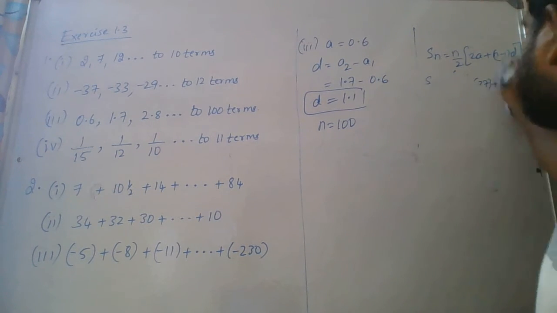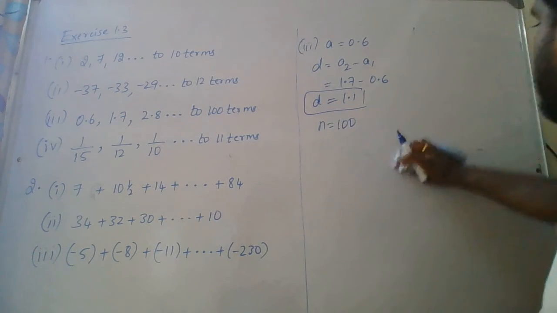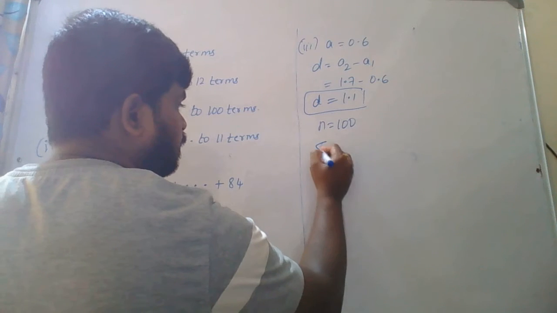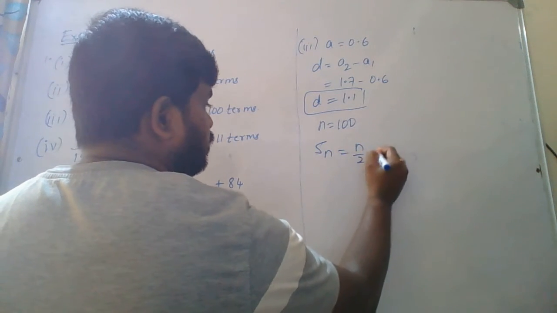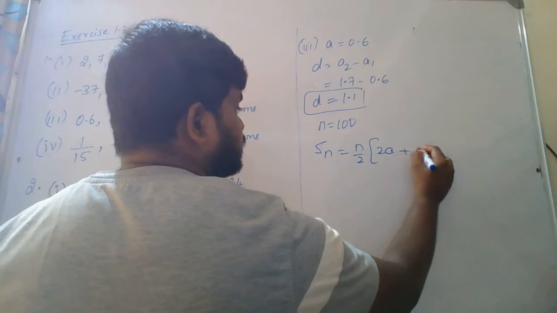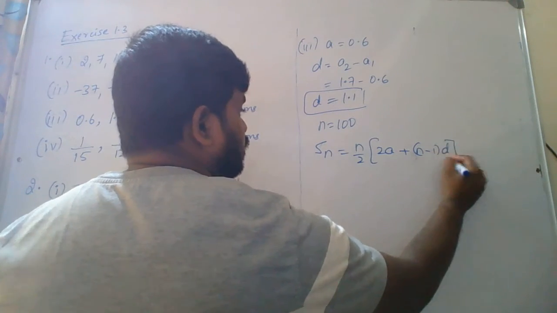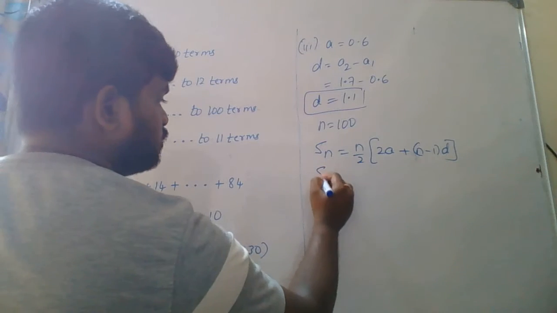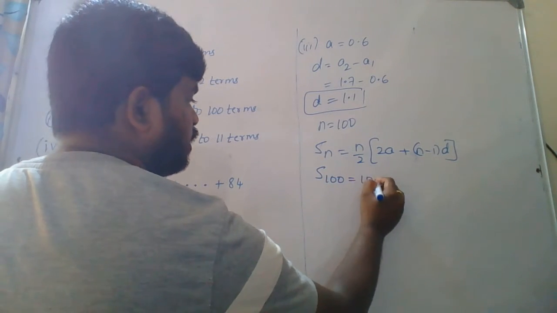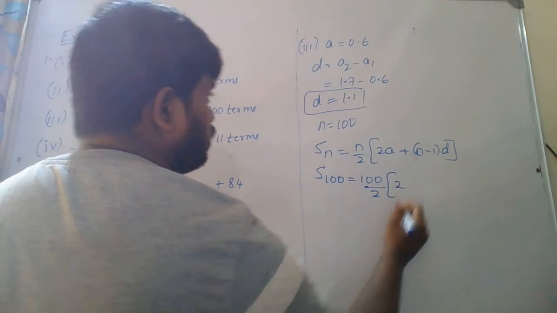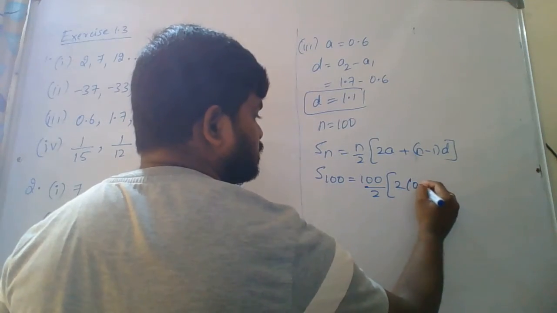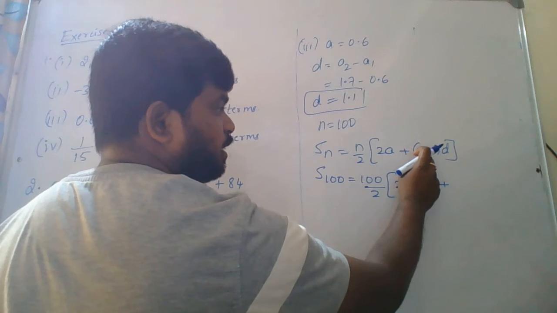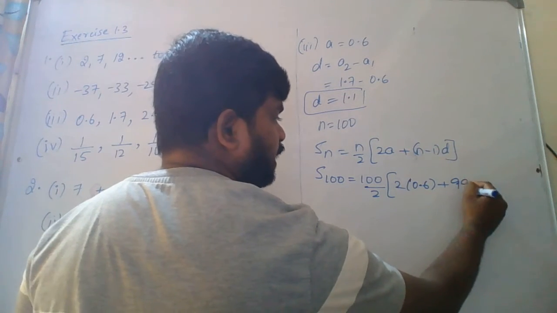Okay. Now let's utilize the formula. What is the formula? Sn is equal to N by 2 into 2A plus N minus 1 into D. So what is N? N is 100. So S100 is equal to 100 divided by 2, 2 into A is 0.6, plus, let me do it directly. N is 100. 100 minus 1 gives you 99.